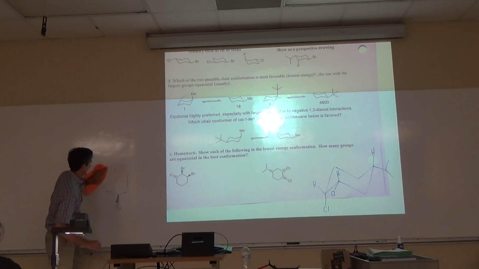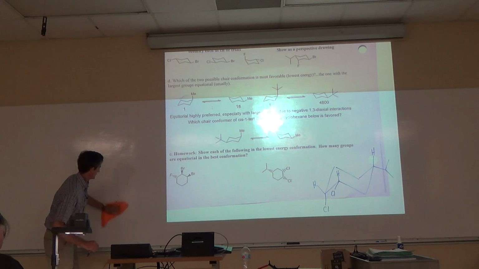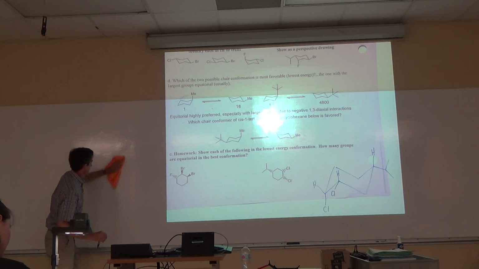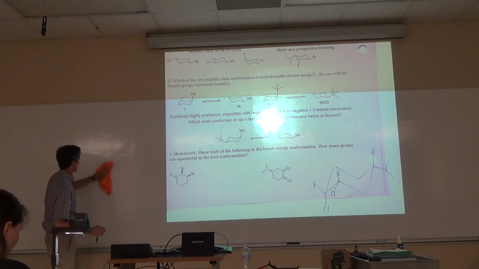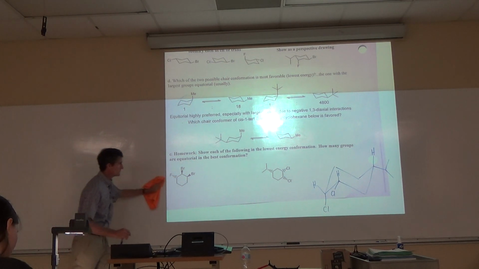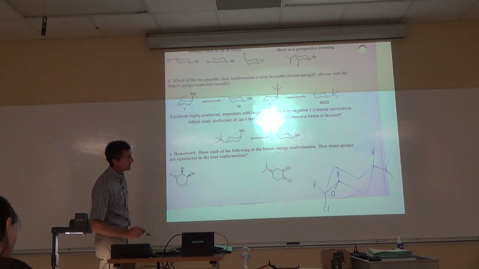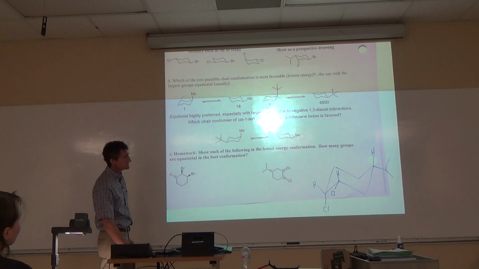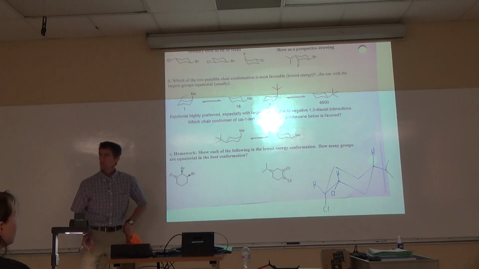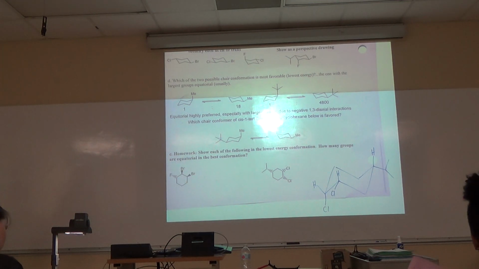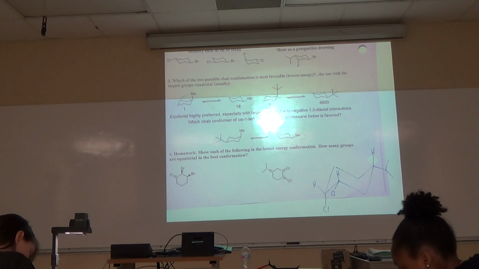I mean, enantiomers, mirror images. Can you show that in a ring flip conformation? Just show a ring flip. The other conformation, which we know is going to be the minor conformation.